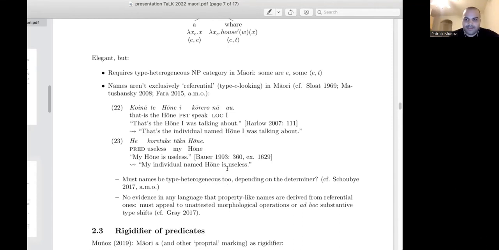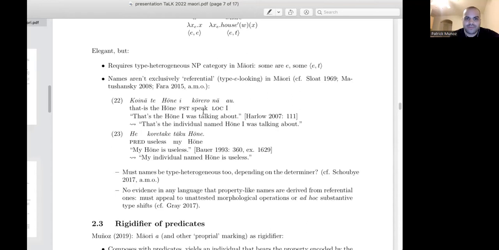So there's two environments in Maori where this happens that I'm aware of. I suspect there are more, but languages differ in where they can use predicative names. Not all of them are as free as every other, but Maori uses, first off, like we saw before, restrictive relative clauses. So that's the Hone I was talking about, where Hone here seems to mean guy named Hone, right?